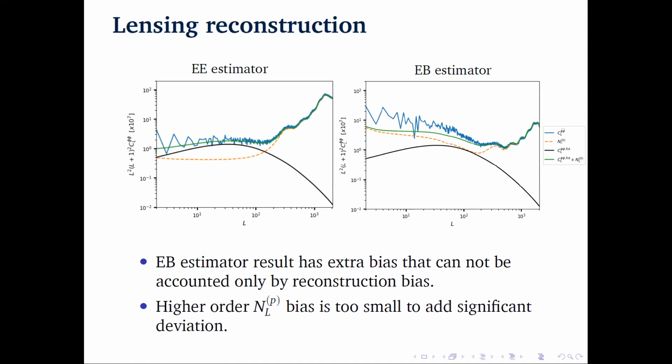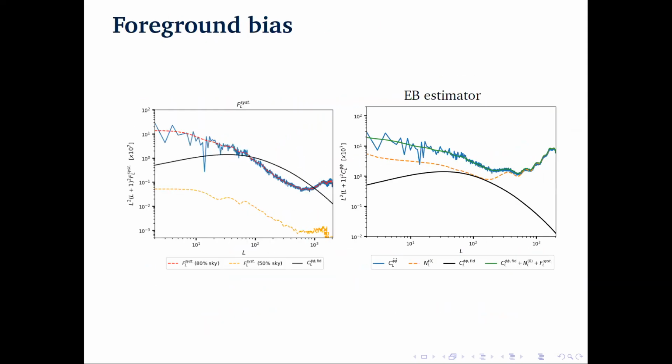Here we only added the black line and the orange line, and we got a bias. Now we add this F systematic as well. So now this theoretical estimate actually agrees with the reconstructed lensing power spectrum from our simulations.